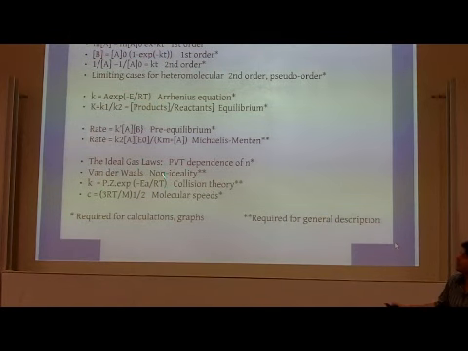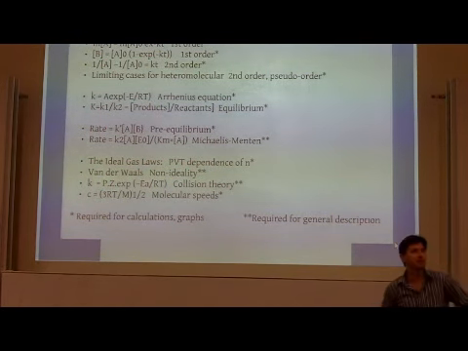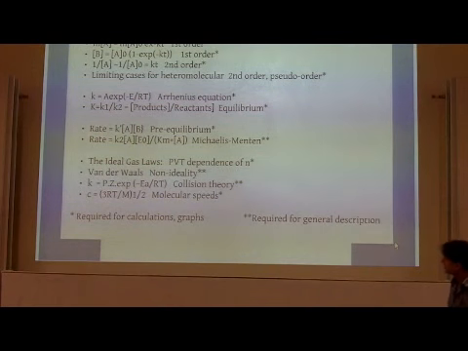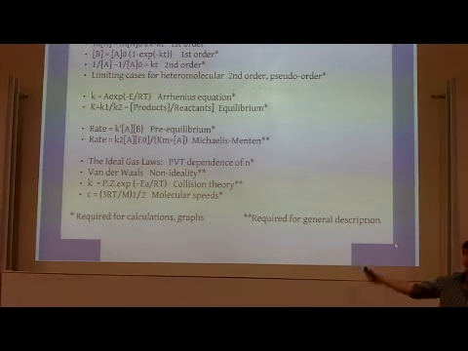Collision theory, you need to know the equation. Molecular speeds, you need to know that equation. And he's listed some of these as required for calculations and graphs, and others just for general description. So the Michaelis-Menten, for example, he's not expecting you, it seems, to do calculations of that. He just wants you to explain what it's about.